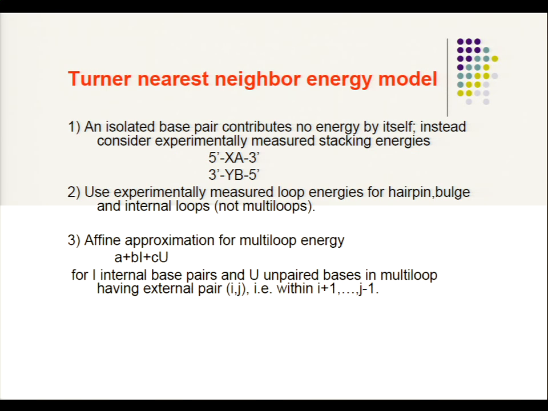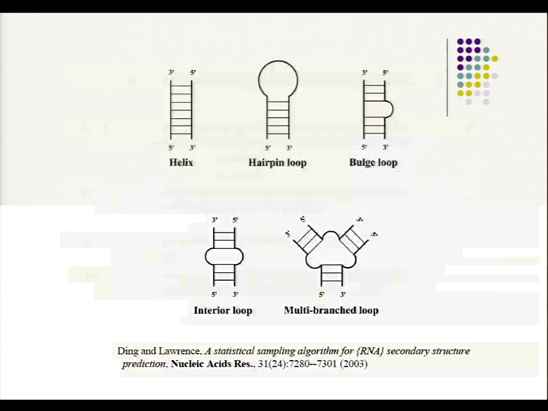So the absorbance at 260 is primarily due to the bases in single-stranded regions, whereas double-stranded regions are protected. In addition to base stacking free energies, Turner measured loop entropy, and this depends on classification of different kinds of loops, including a multi-loop.